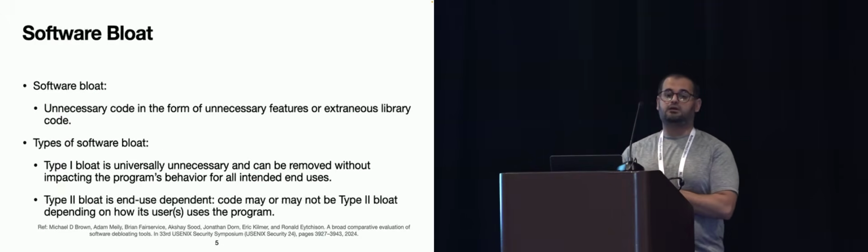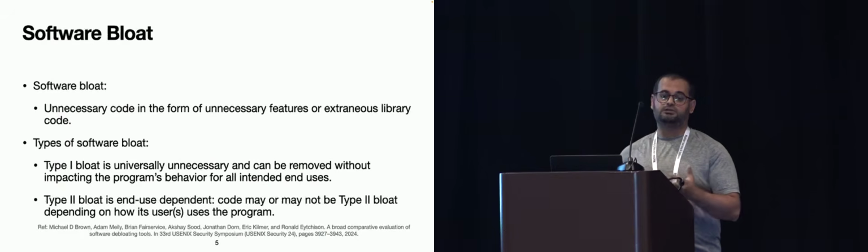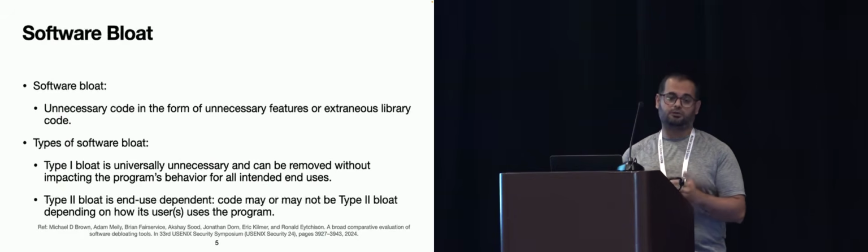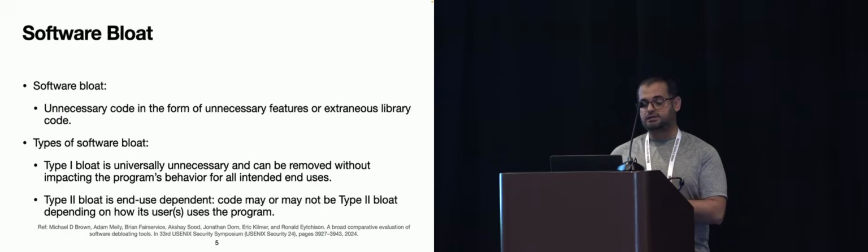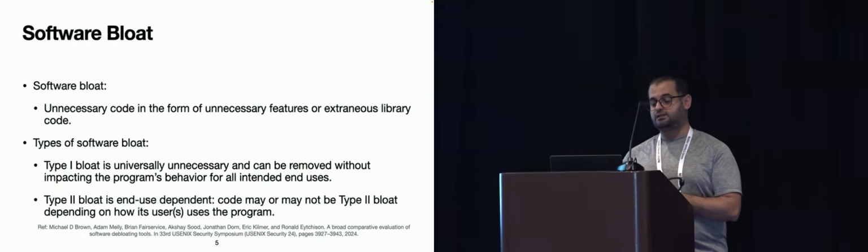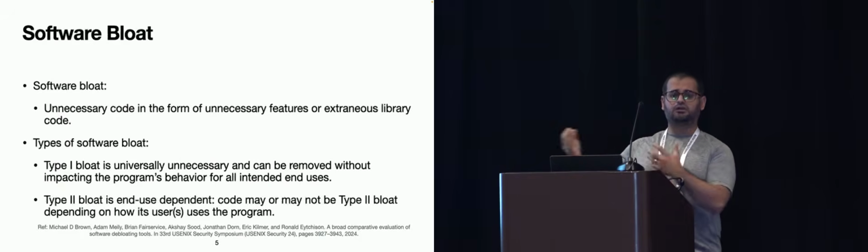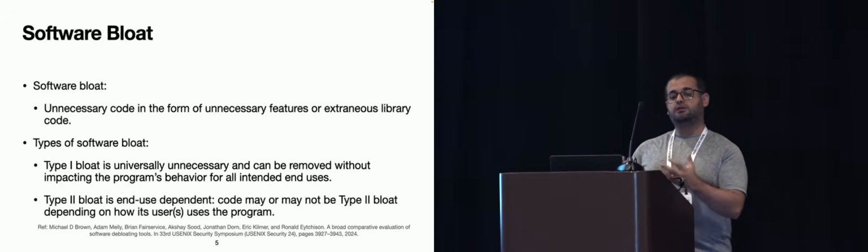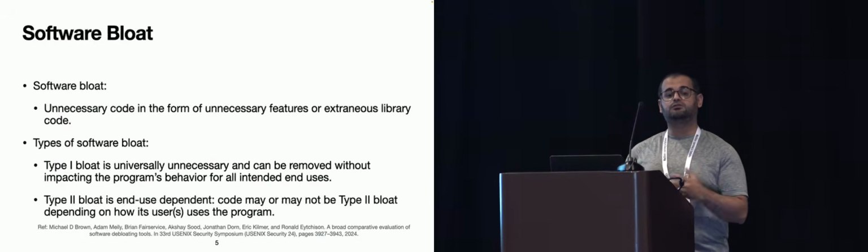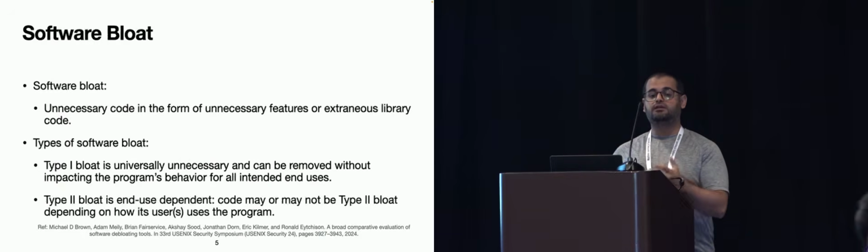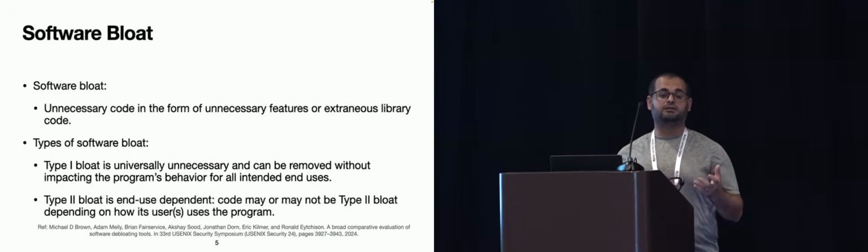However, this growth in code from adding more features leads to the issue of software bloat, which is defined as unnecessary code in the form of unnecessary features or large libraries incorporated in your code. According to prior art, there is a classification for software bloat. The first type is bloat that can be universally removed, like dead code, so you don't need to remove any features.